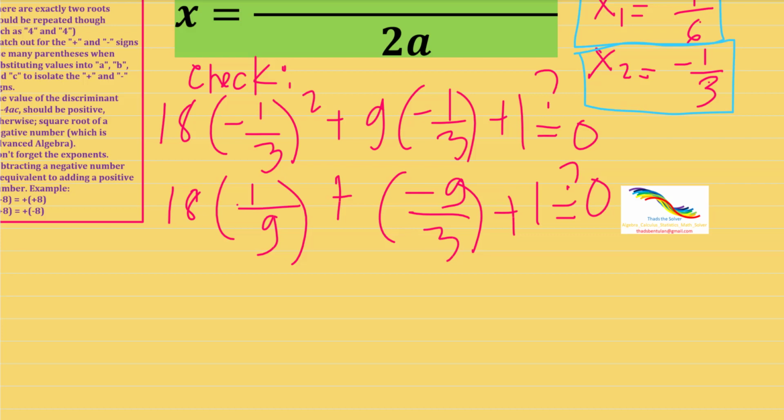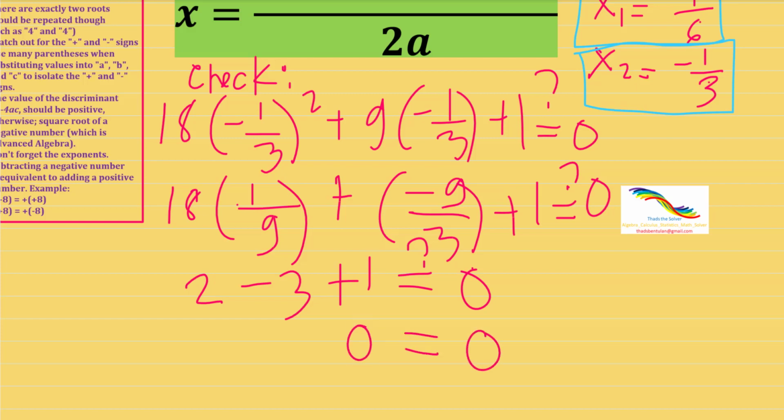So you simplify 18 over 9, that's 2. Minus negative 9 over 3 is 3, plus 1. Is that equal to 0? So simplifying, this is now 2 minus 3 plus 1, 0 equals 0.